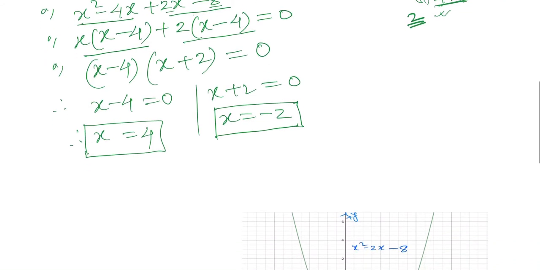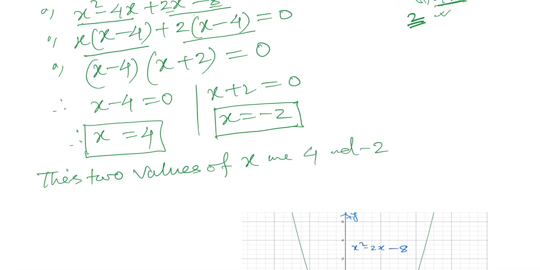These two values of x, 4 and minus 2, are called the roots of this equation.